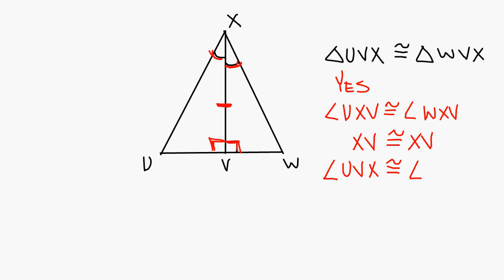If we call it UVX in the triangle on the left, what's it called in the triangle on the right? WVX. Very good. So when you get that question, determine if you can use angle, side, angle: yes, you can. Explain: those three criteria have been met. An angle, an included side, and an angle. Got it?